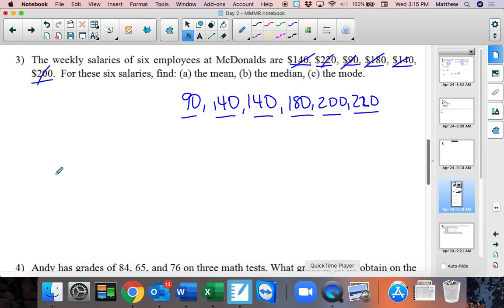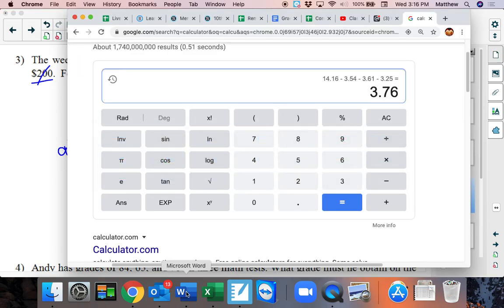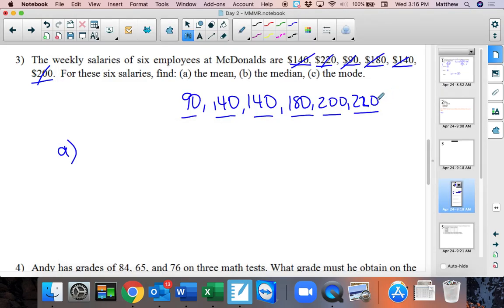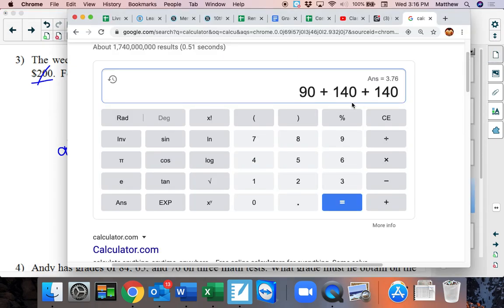Yes. So A, the mean, I've got to add these all up and divide by 6. So 90 plus 140 plus 140 plus 180 plus 200 plus 220 equals, and then I need to divide that by 6.